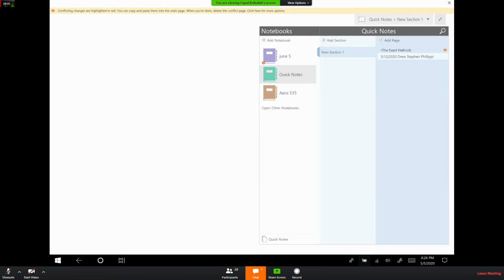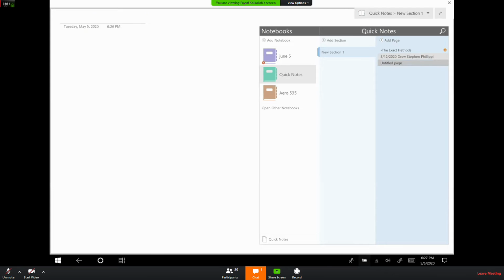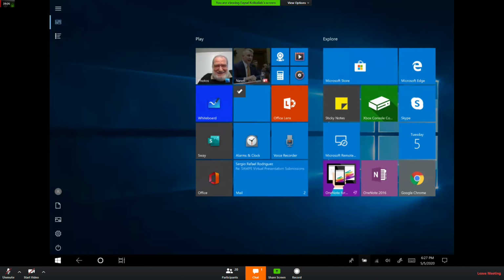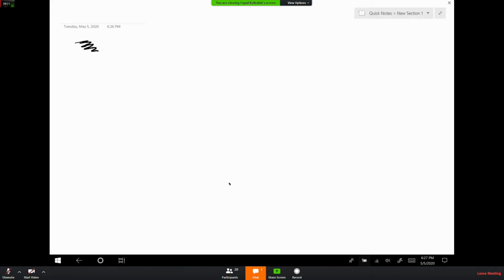New section, I add a page. Titled page. Yeah, that looks good. Is it better? At least we can try it, right? Can you see this? Yes. All right. We'll see. I'm sorry. And also my pen is really not doing well.